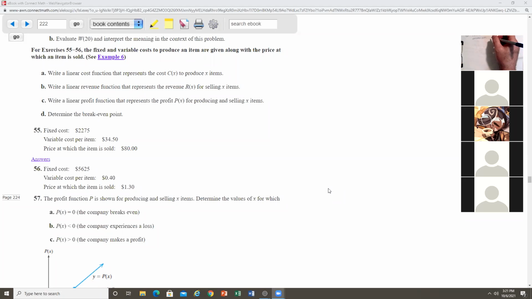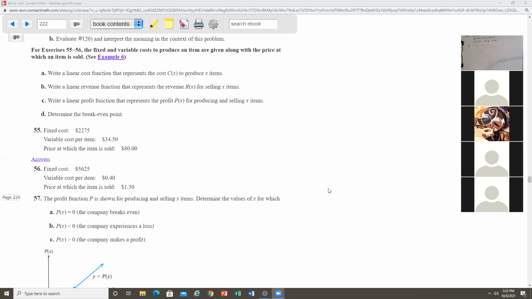The variable cost for producing any one of these items is $34.50. That's called the variable cost. The price at which the item is sold is $1.30 a piece. The price the item is sold for, they tell us, is $1.30.